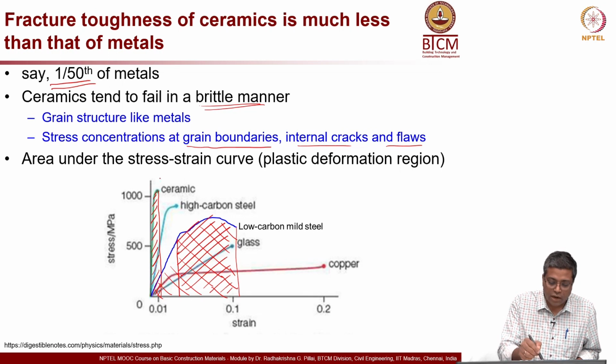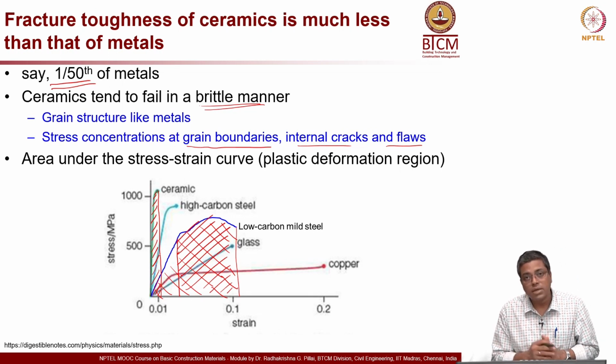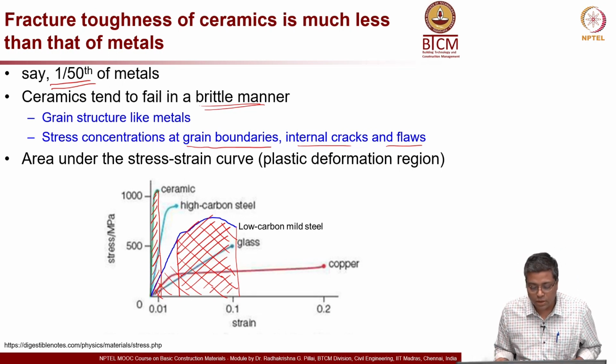The area under the curve of ceramic is much less than that below the low carbon mild steel. So, like this you can take stress strain curves and find out the fracture toughness, or the energy required to break the material.